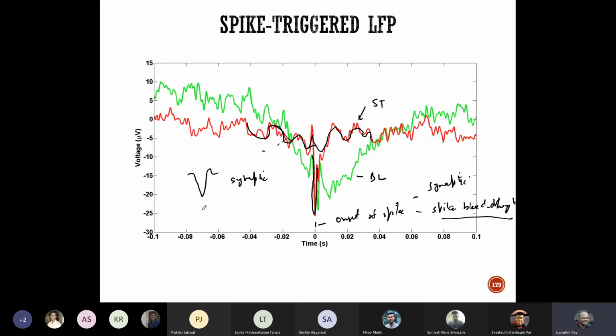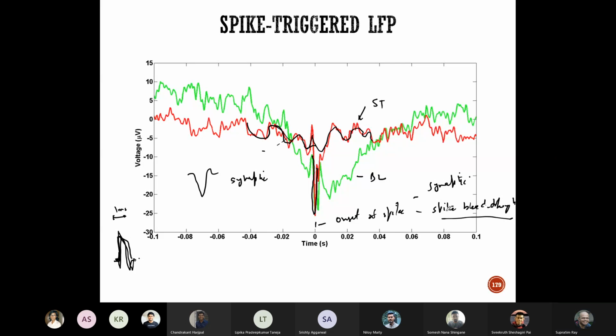In addition, when there is a spike, remember the intracellular potential is like this. It's a very sharp transient, 1 millisecond or so, but it's like a Gaussian. It's not a zero mean signal per se. So in the frequency domain, it will have power at many frequencies, including low frequencies. The low frequency part of the action potential is called spike bleed through.